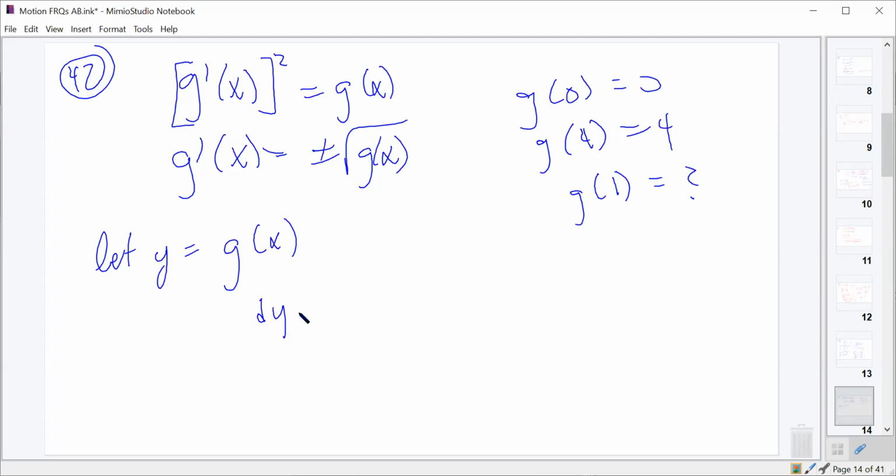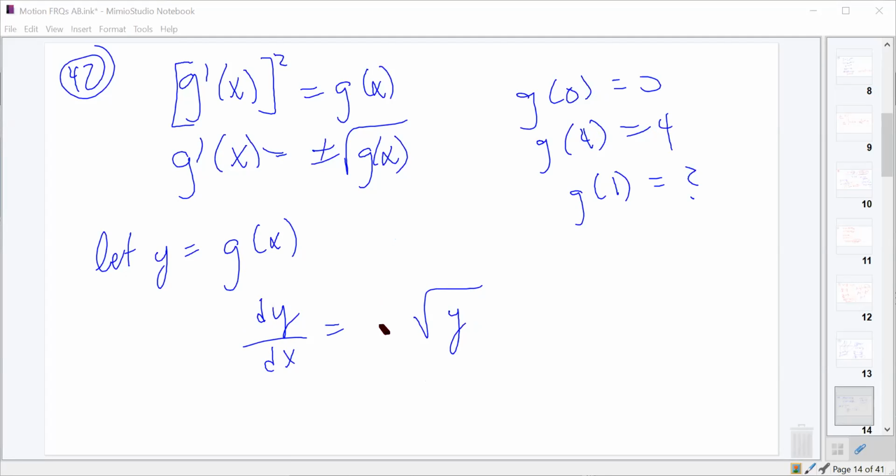So then I've really got the derivative of g, which is the derivative of y, dy dx equals positive or negative square root of y. And from there, I should be able to decide whether I have a positive or a negative here. Whenever I plug in a number, I get out a positive number, and so I should be looking solely at the positive square roots here.